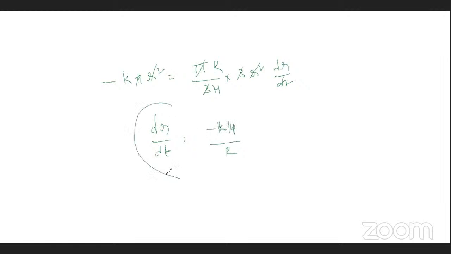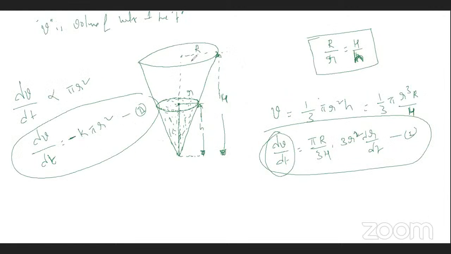See here, this is how the radius is varying with respect to time. At time 0, what is the radius? Capital R. At some time the radius will be 0, the stage where the cone is empty.